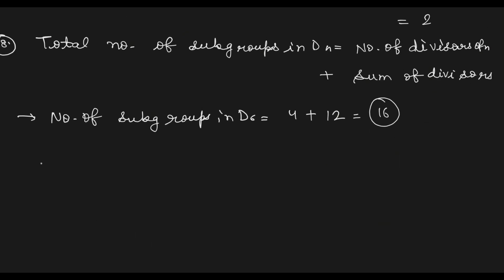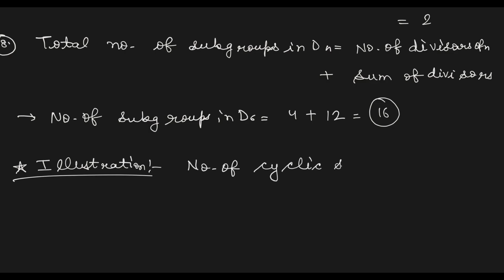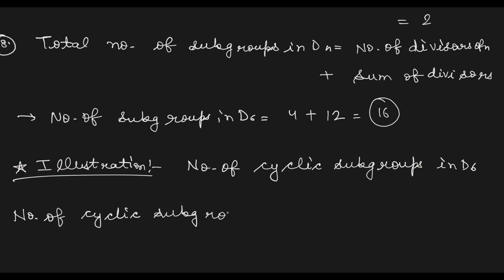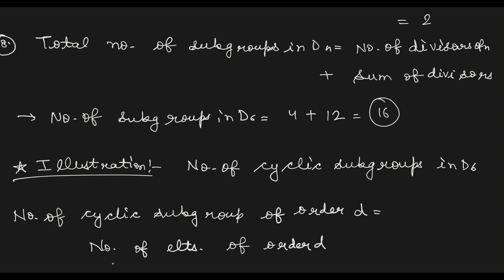Next illustration. Number of cyclic subgroups in D6. Number of cyclic subgroups of order d is calculated by the formula: number of elements of order d upon phi d.